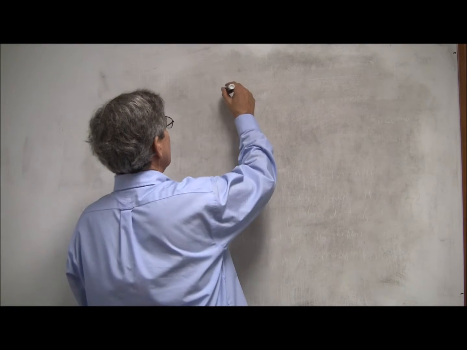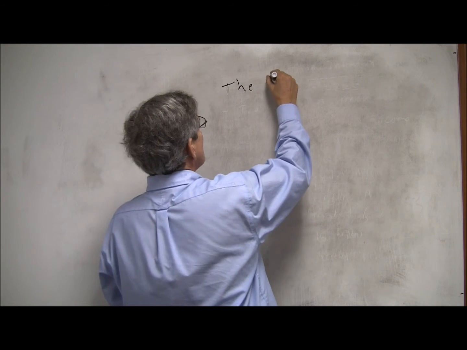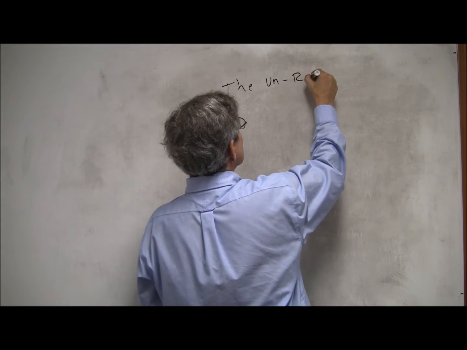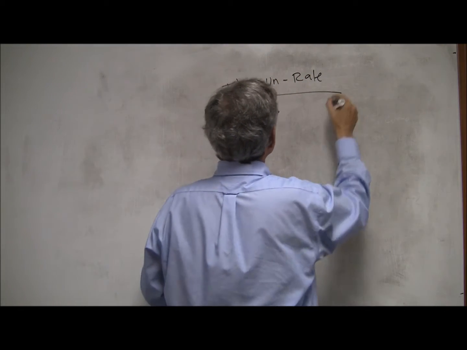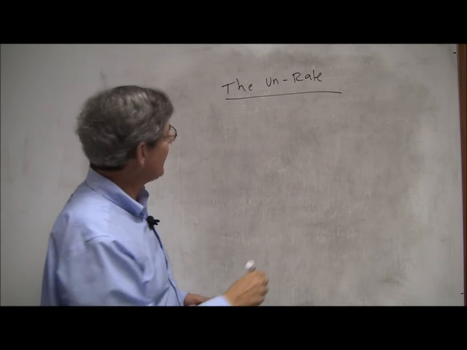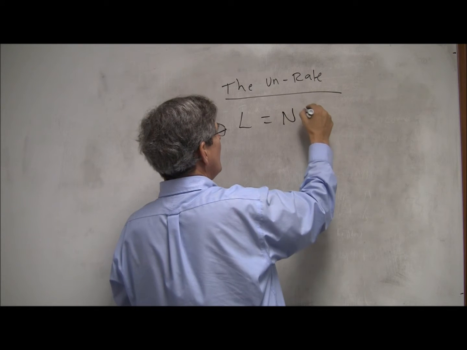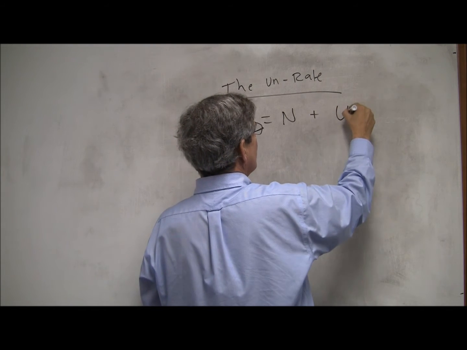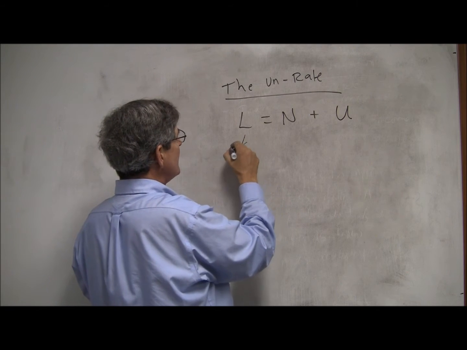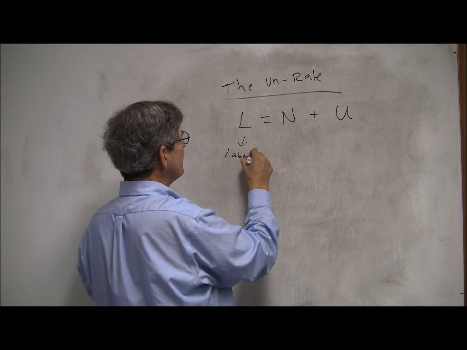So the unemployment rate. And we're going to start with a simple definition that relates the labor force, L, to the number employed plus the number of unemployed. So L is what we call the labor force.